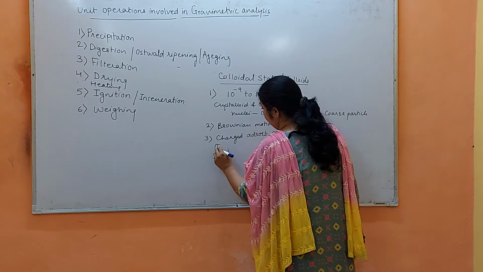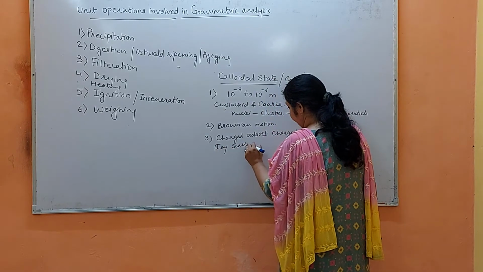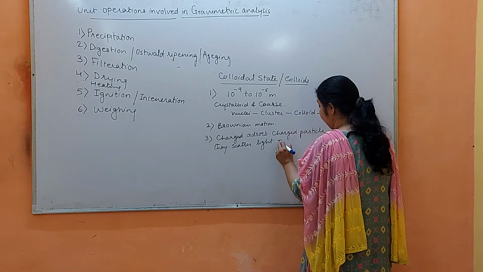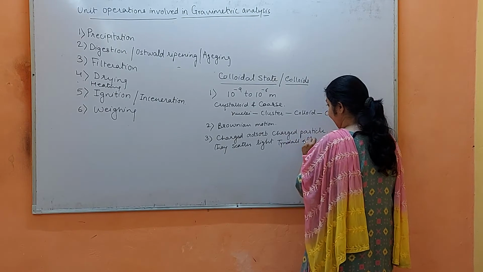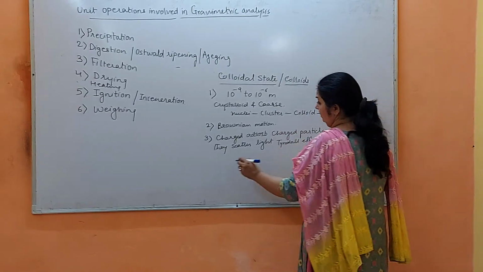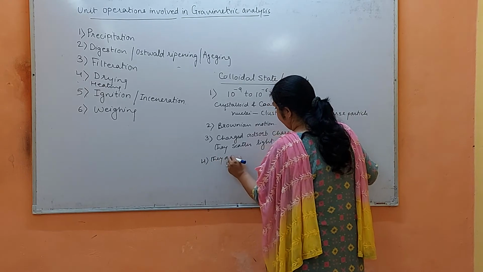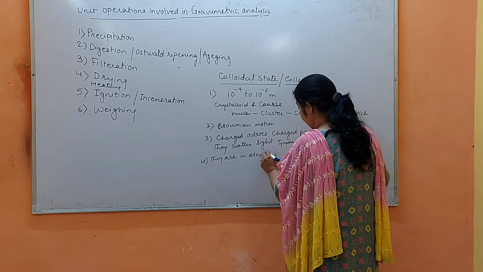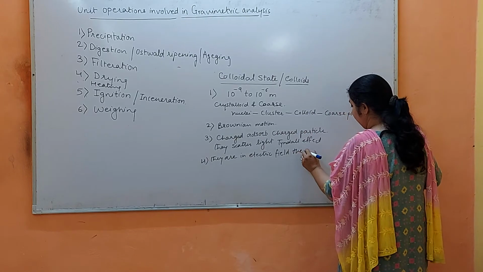They scatter light, which is called the Tyndall effect. Now see, when they are in an electric field, they migrate towards one ion.